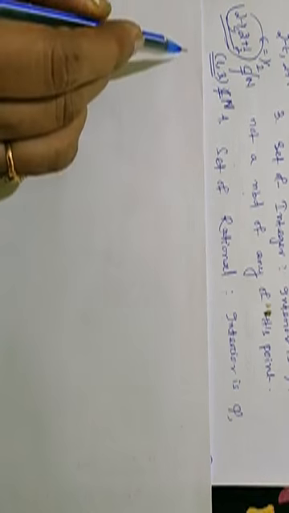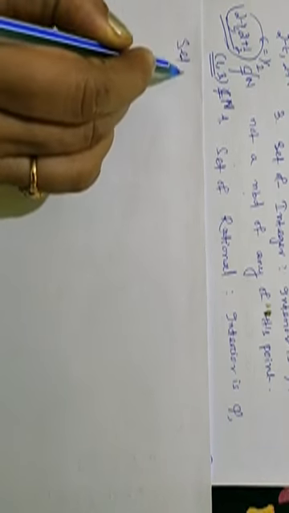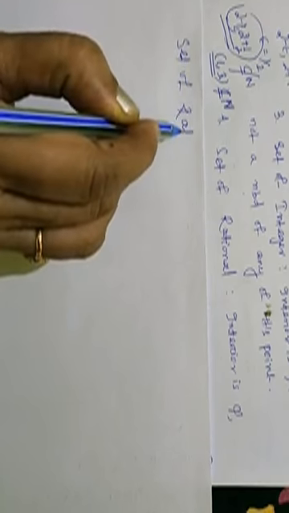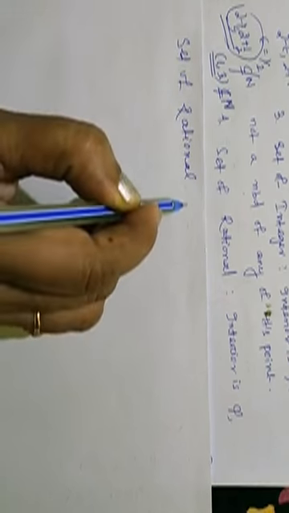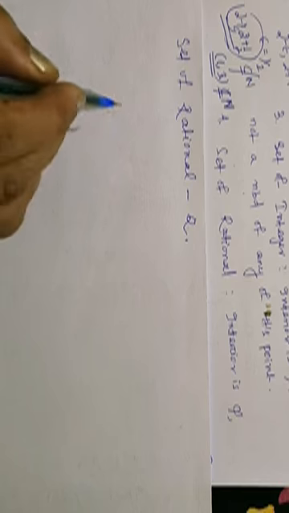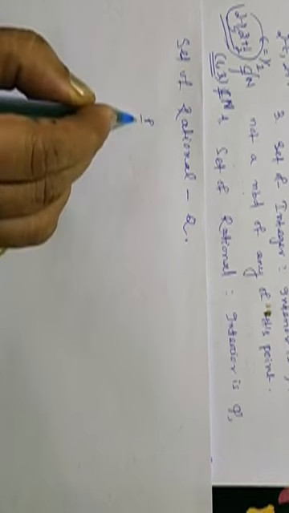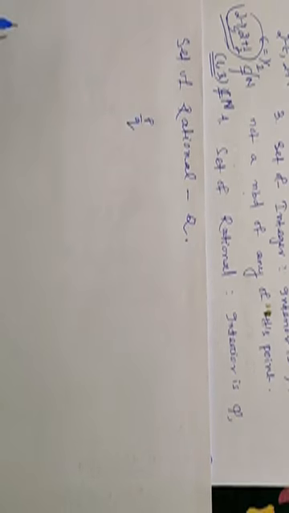Now consider the set of rationals Q. What is its interior? Take any rational number p by q.